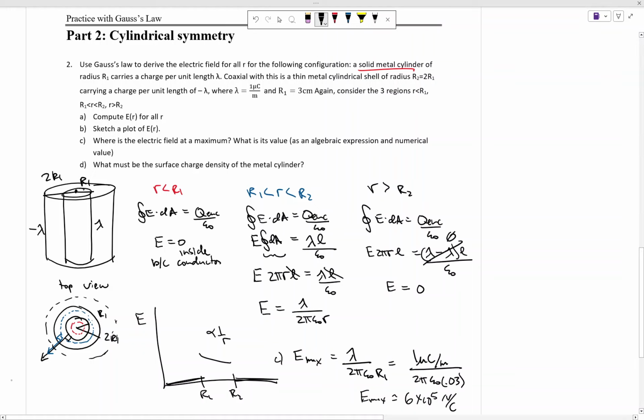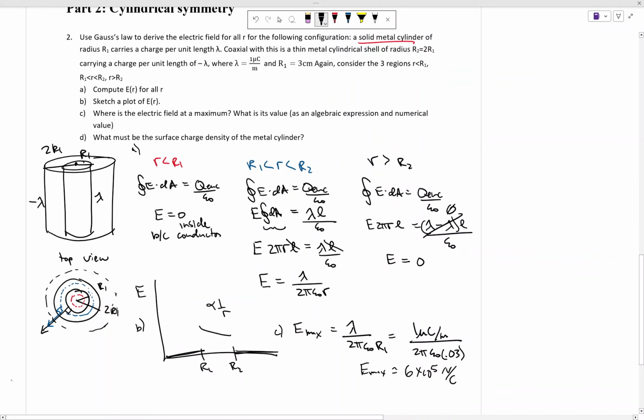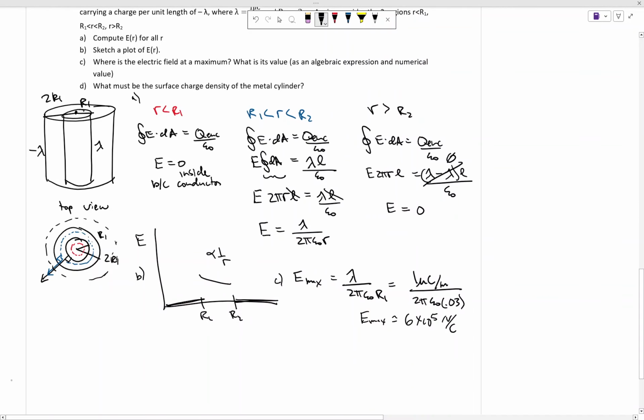The last bit of the question asks us to find the surface charge density of the cylinder. So let's look at that real quick. I think the easiest way to think about this is just to relate. You know that Q depends on the linear charge density, lambda times L. Well, that has to equal the surface charge density times the area.